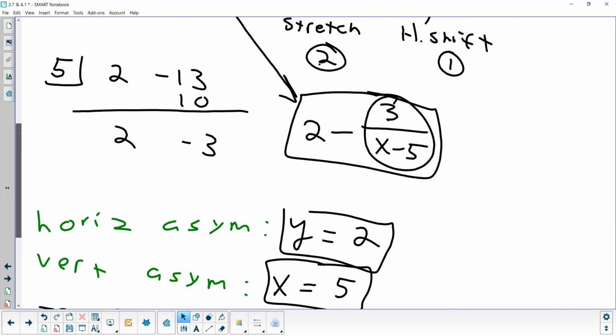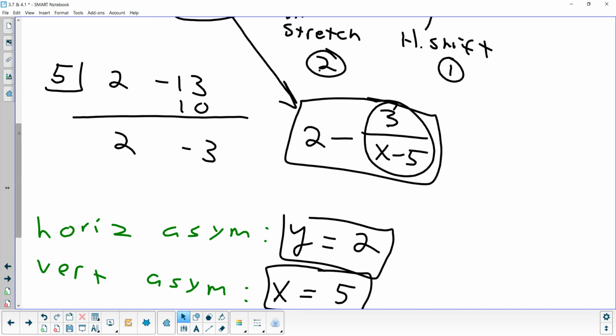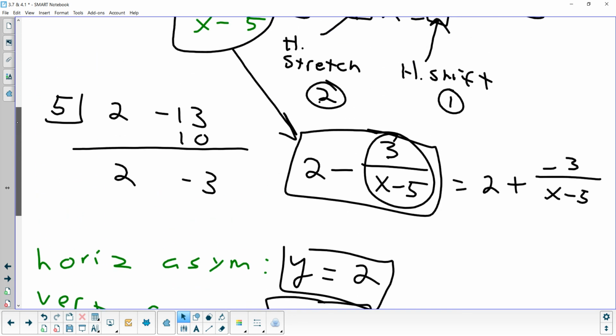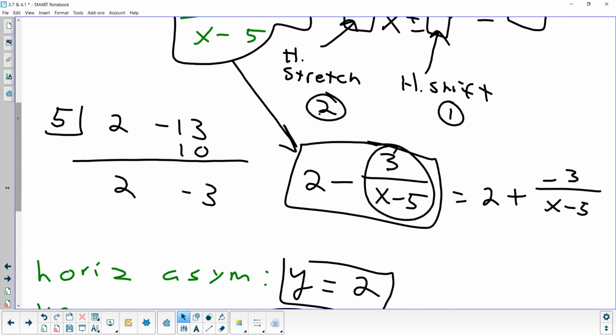I'll give you a hint. Think of it this way: it's exactly the same thing, minus or plus a negative, but there are 1, 2, 3, 4 transformations. What number would we focus on first?